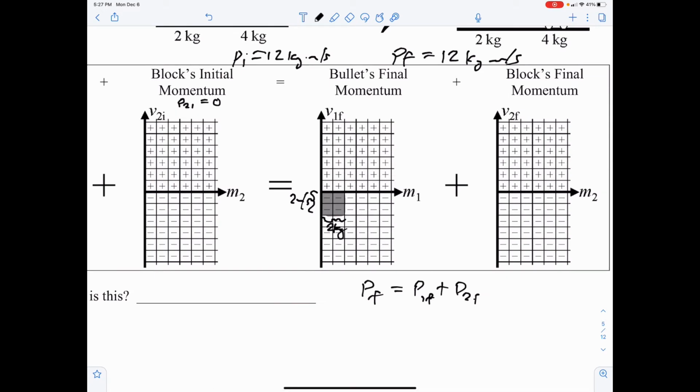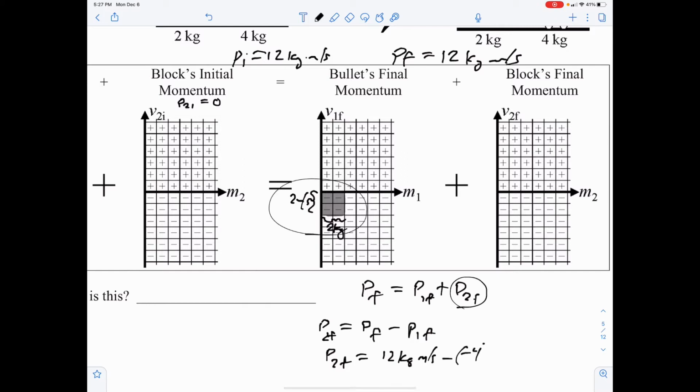And let's just solve it for P2 final. So P final minus P1 final equals P2 final. So P final is supposed to be 12 kilogram meters per second minus the negative 4, which should be 16. That's what we have left over here.